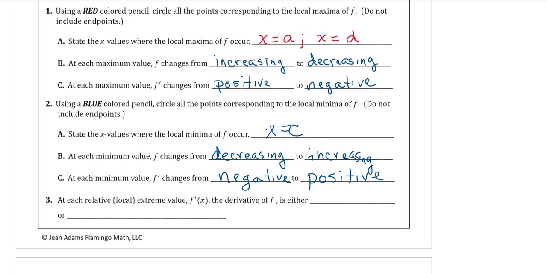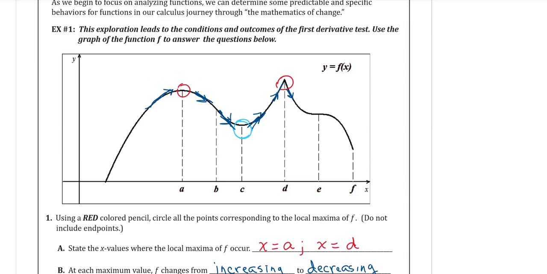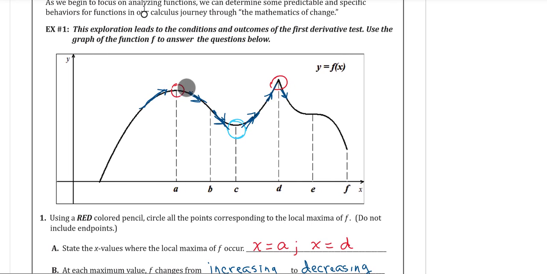Okay, so at each relative or local extrema value, f prime of x, the derivative of f, is either 0 or undefined. Let's take a look at the graph again. Looking at our graph, at the first red point at A, we can draw a horizontal tangent line there, so we have an m of 0.